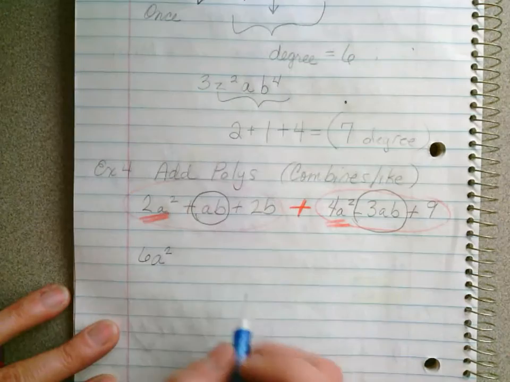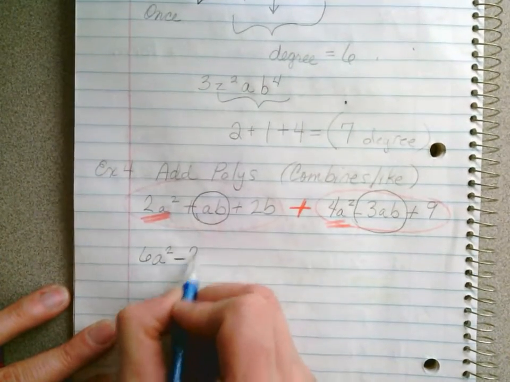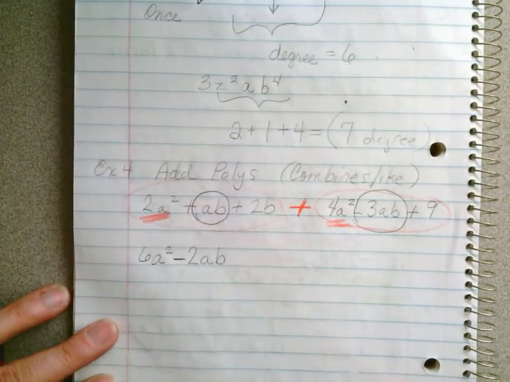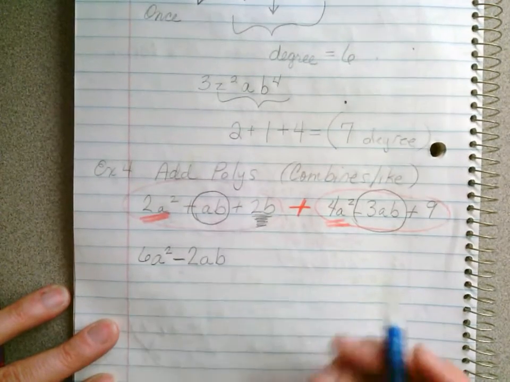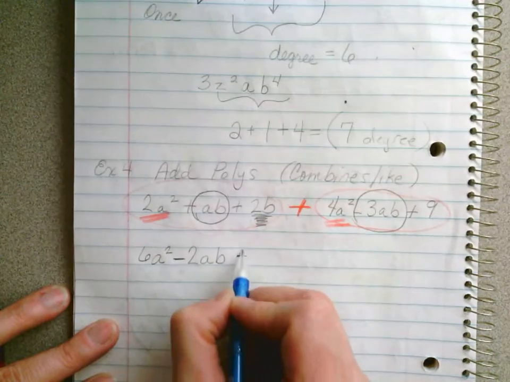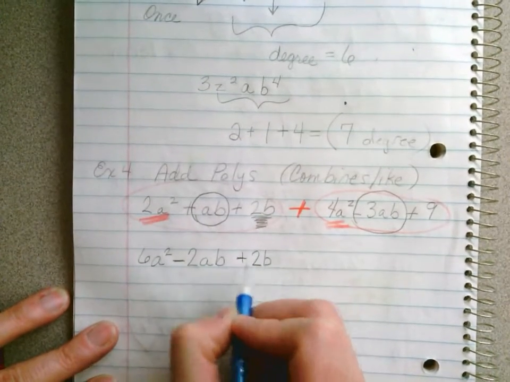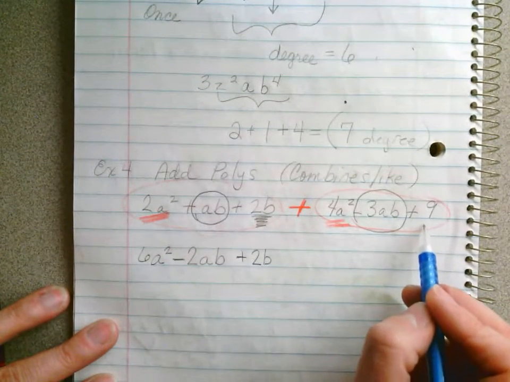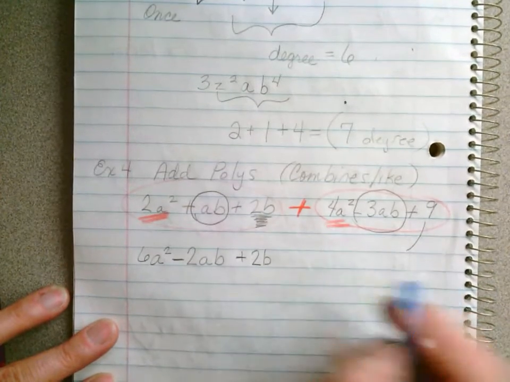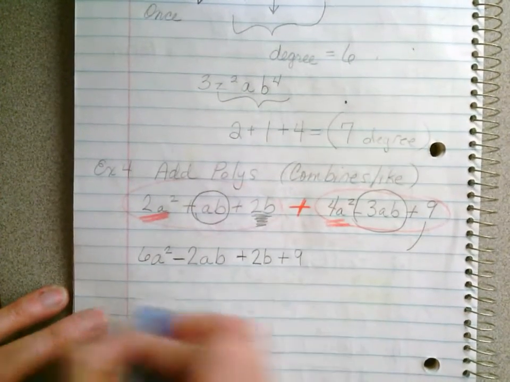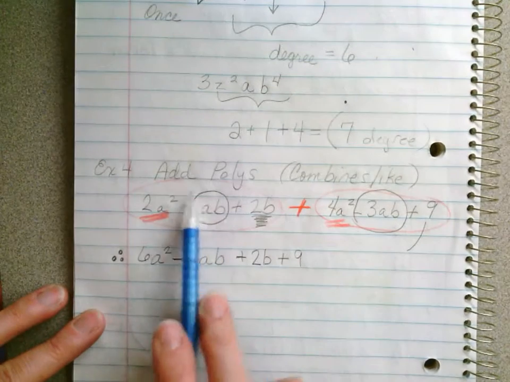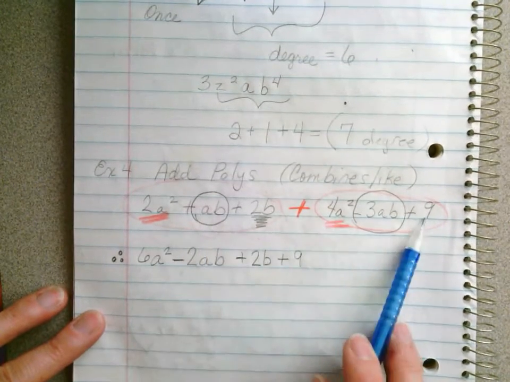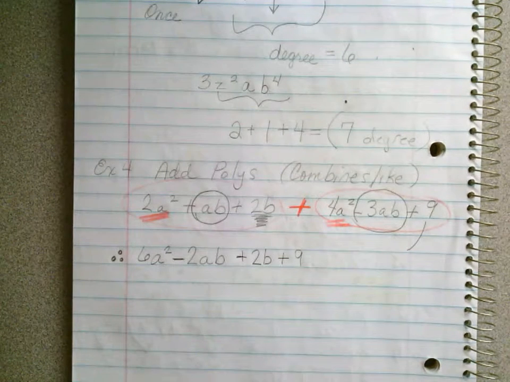So how many ABs is that? Any other B's we can marry this with? And any other constants? Nope. This is the sum of these 2 polynomials.